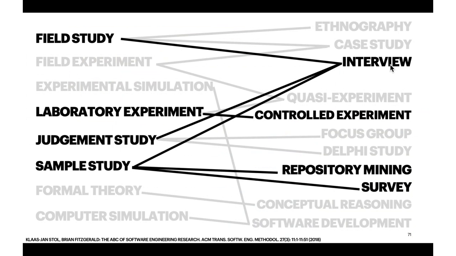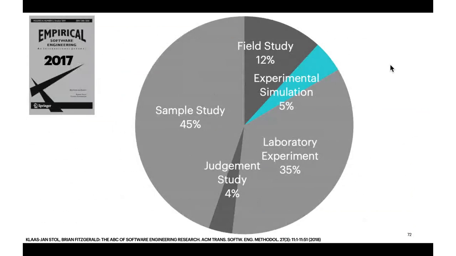If you look at the papers which Stol and Fitzgerald have analyzed, so those were all papers which have appeared in the Empirical Software Engineering Journal in 2017, you might notice that the research strategies we have been talking about cover 95% of the studies.